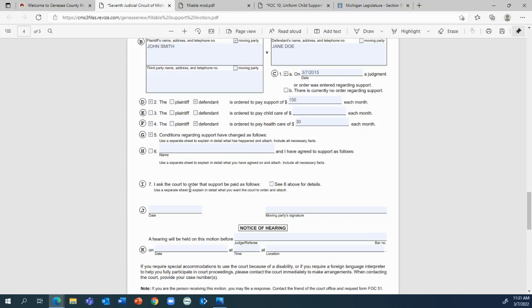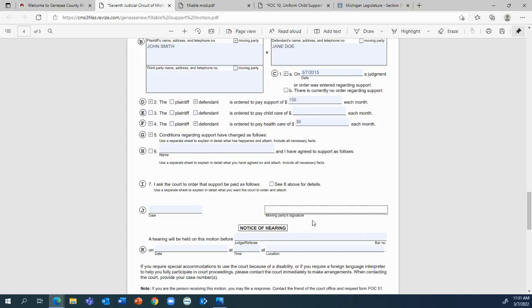And you can also put in healthcare information, insurance costs, those sorts of things, and you'll be able to get a pretty good idea of what support might come out to if you were to calculate support pursuant to the guidelines. But again, if you guys have reached an agreement, you can always come into the Friend of the Court to work that out. You're going to want to date and sign.